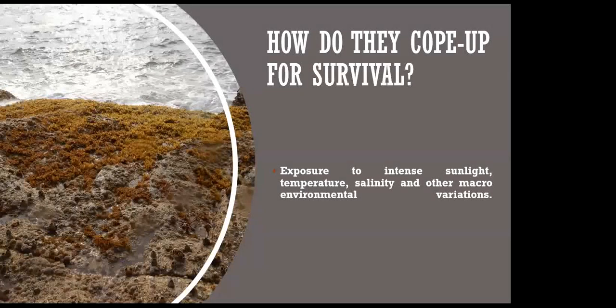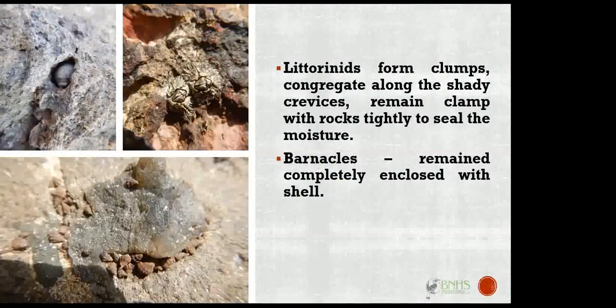At the higher part of the shore, the high tide region, I have mentioned the littorinid shells. If you can see in the pictures, how they clump together or congregate, or prefer the shady places, clump and clamp with the substratum.